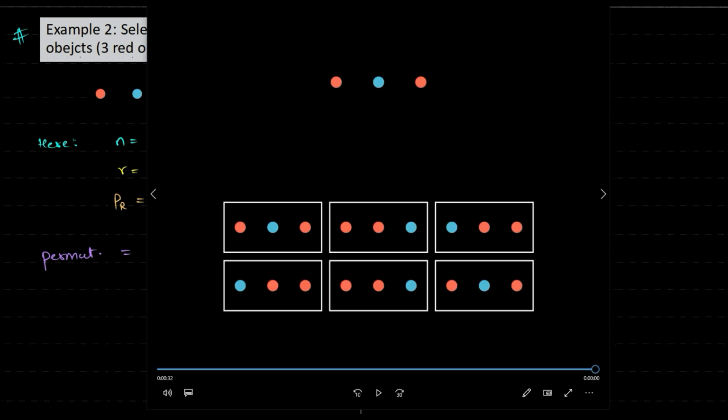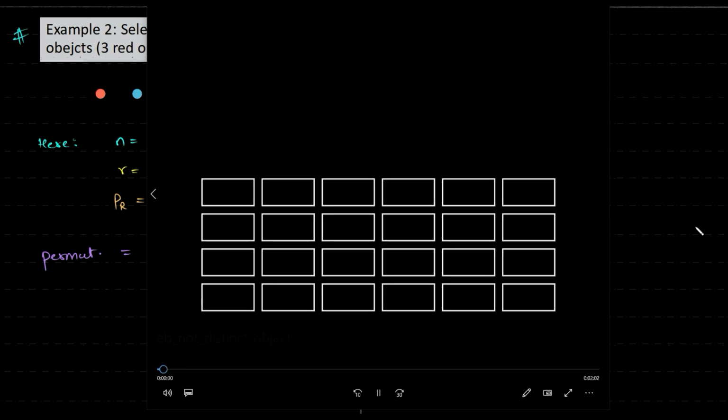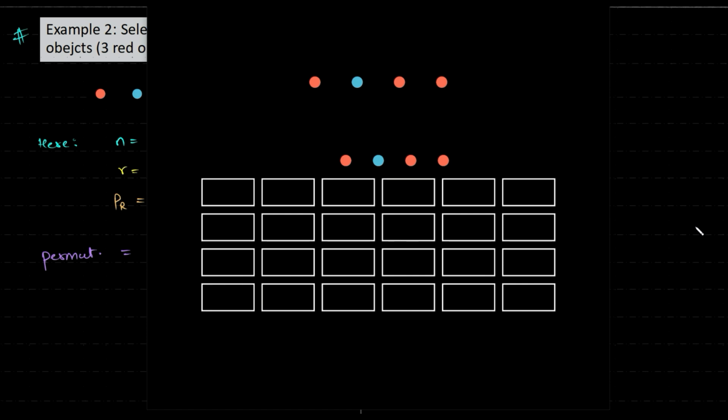Let me simulate this and show it to you guys so that you get the gist of it. So I'll let it run for a few of it. Remember, we are looking at different, unique possibilities. The system is not able to differentiate, right? Red, blue, red, red is the same as red, blue, red, red. Doesn't matter which red is placed where. But for the system, it's different.